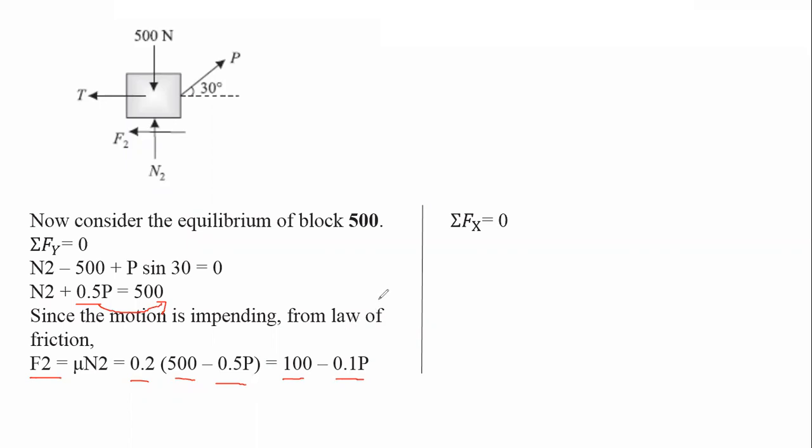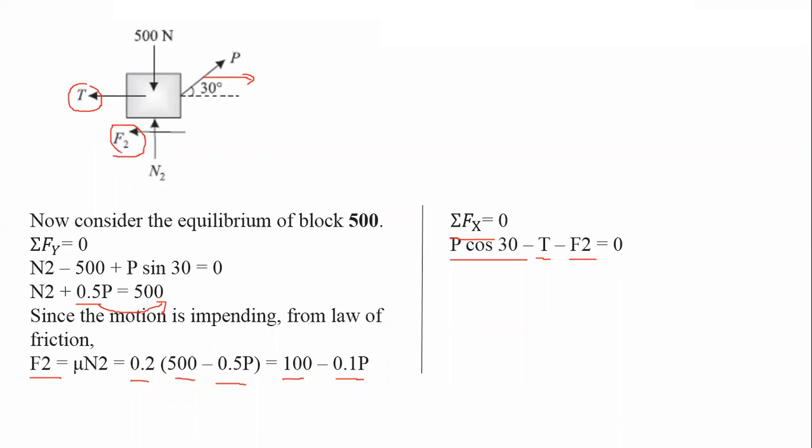Now the next step is to find the summation Fx equal to 0. Let us calculate these terms, the forces in the horizontal direction. The resolved component in the horizontal direction is the cos component, that's why P cos 30 is positive. T force is going in the left side direction, that's why minus T. F2 is going in the left side direction, that's why minus F2.